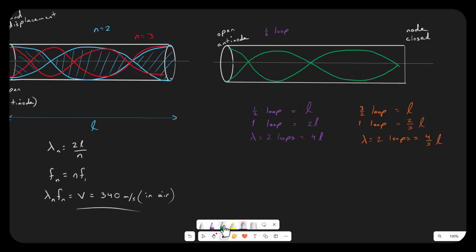So now I've got this. 1 loop, 2 loops, and a half, so that is 5 half loops. So 1 loop equals 2/5 L. I'm just flipping my fraction, right? My wavelength, which is 2 loops, equals 4/5 L, and I start to get a pattern.